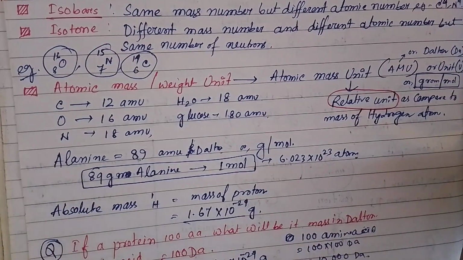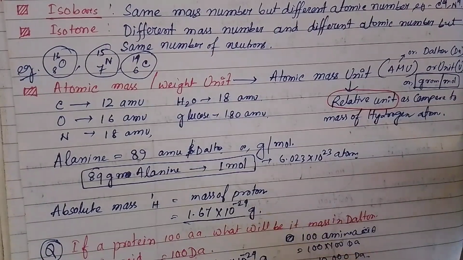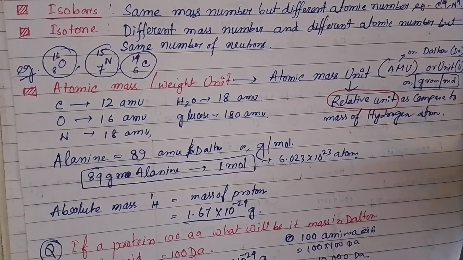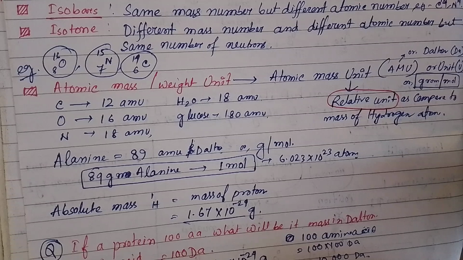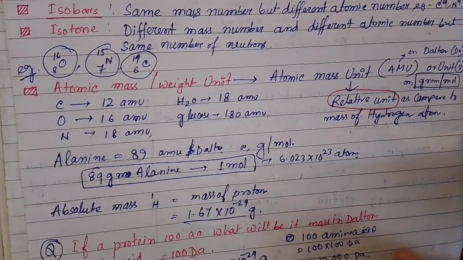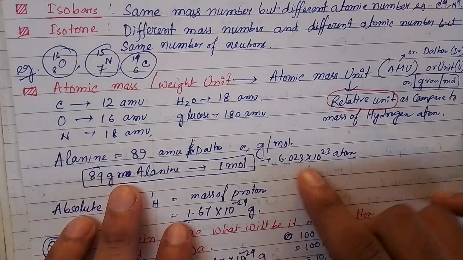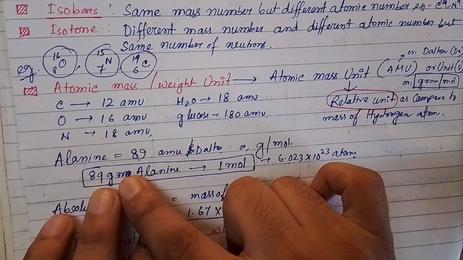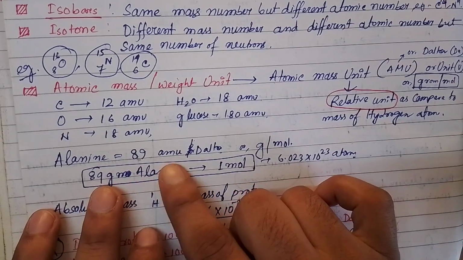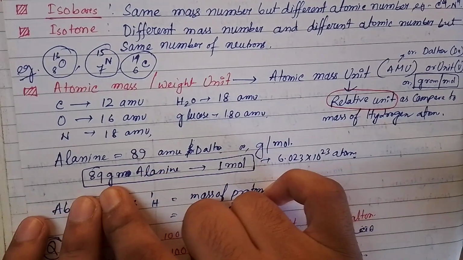So you have to define first: if any kind of molecule has 1 mole, that means 6.023 into 10 to the power 23 atoms are present, and now you have to calculate its atomic mass. How? For alanine, that's 89.